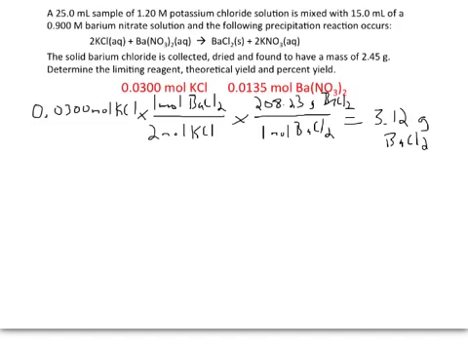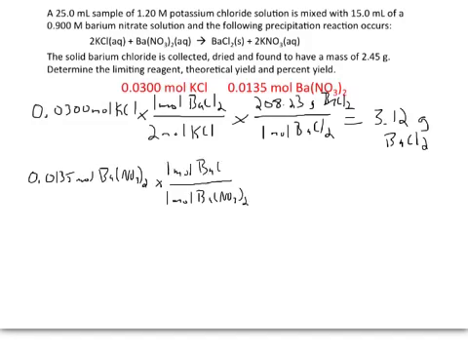All right, now I'll do the same thing for the barium nitrate. I'll see how much barium chloride I could make from it. Now from the chemical equation, this is a 1-to-1 mole ratio. So 1 mole of barium nitrate can make 1 mole of barium chloride.